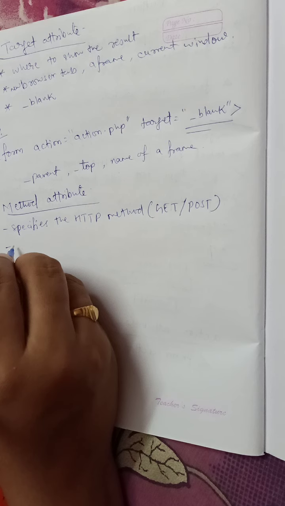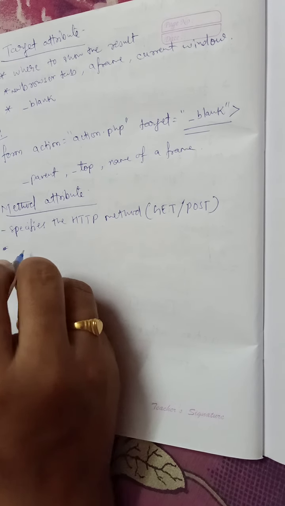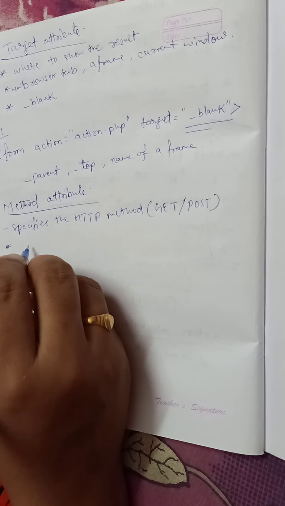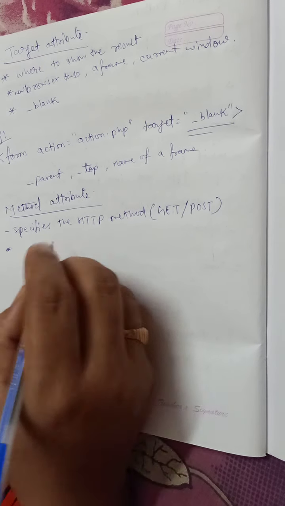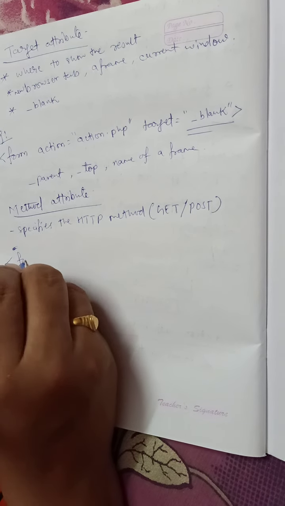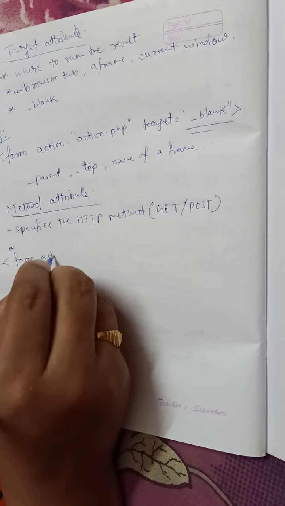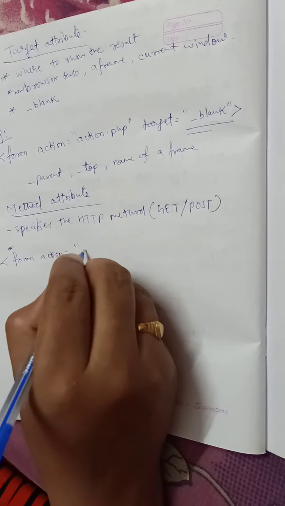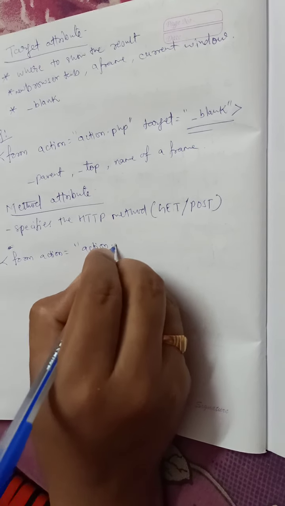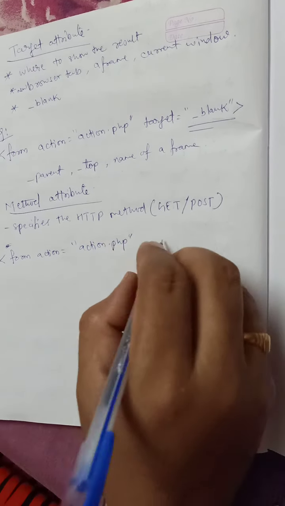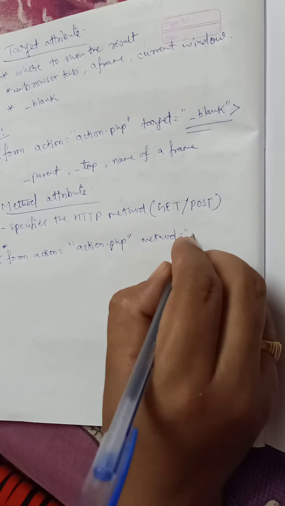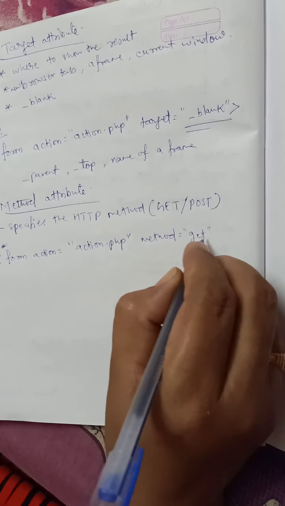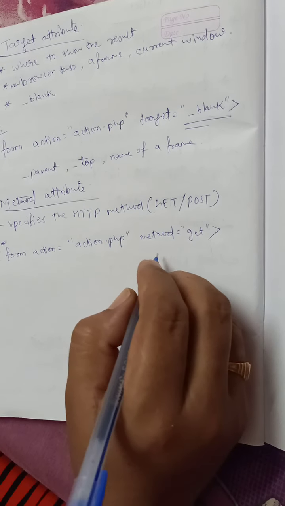So how do we write it? If we use the get method while submitting the form, we write it like form action.php method we write as get.